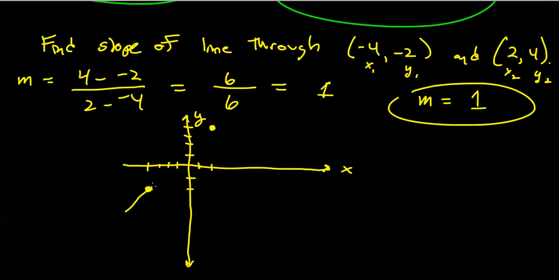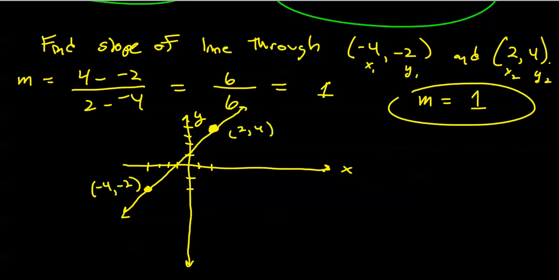If I draw a line connecting these dots, doing the best I can here without graph paper, the coordinates of this point are -4, comma, -2. The coordinates of this point up here are 2, comma, 4.